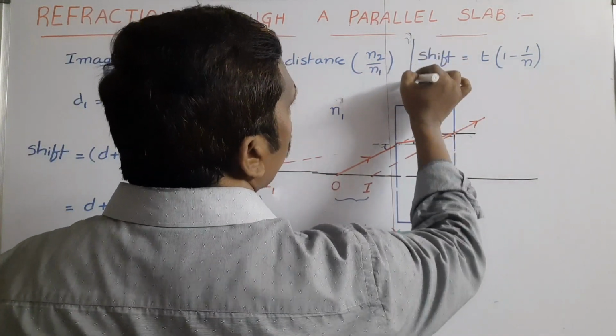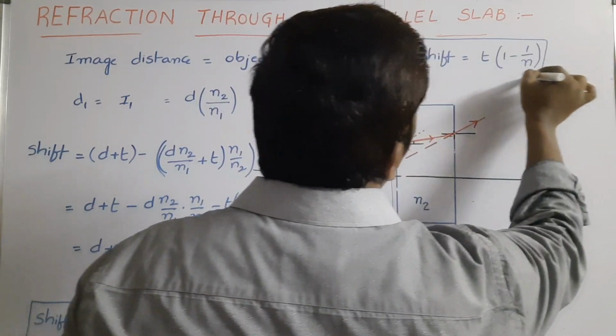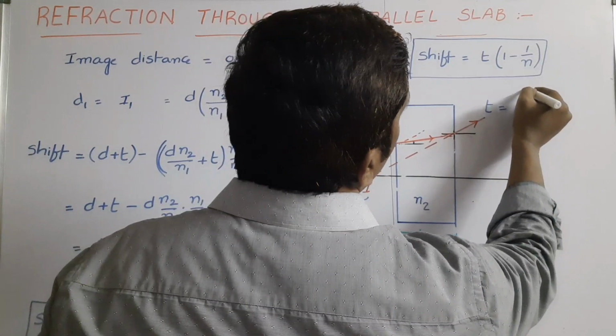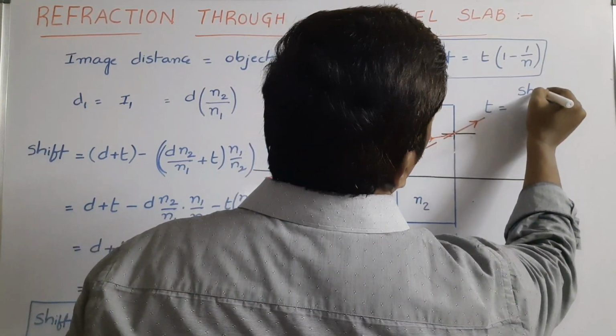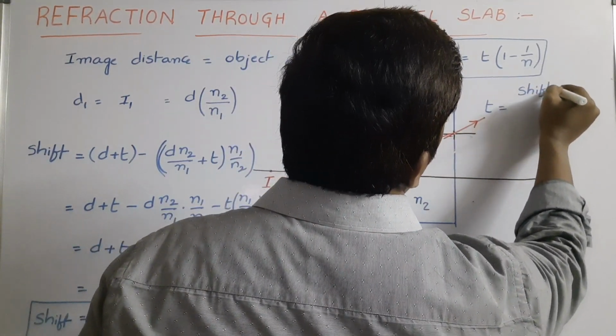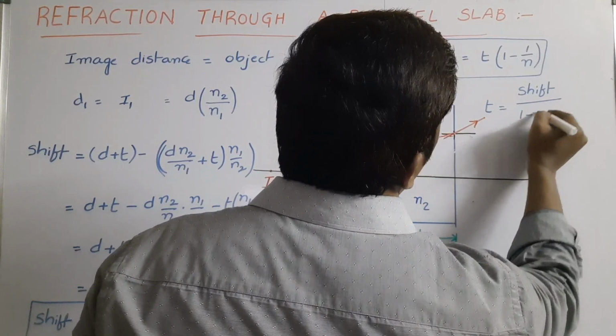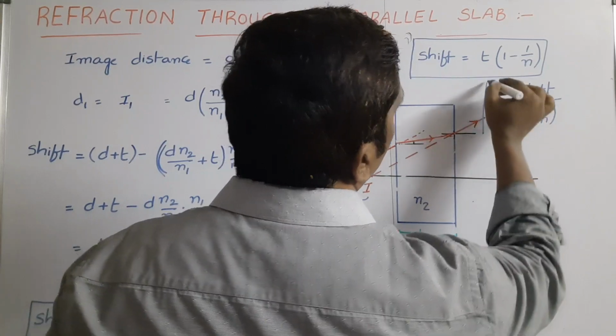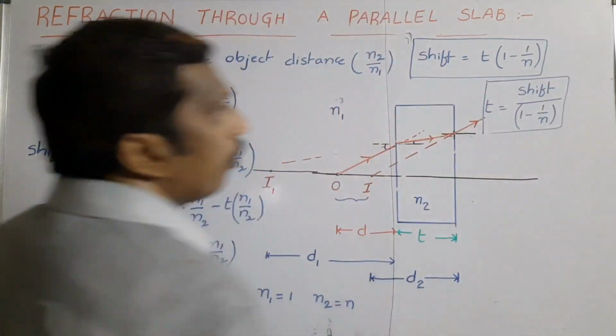So from this formula we can calculate the thickness of the glass slab: T is equal to shift by 1 minus 1 by N. This is the formula to calculate the thickness of the glass slab.